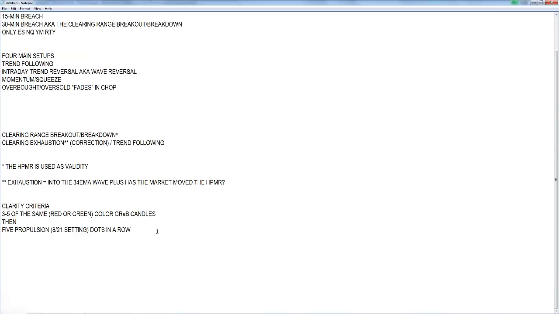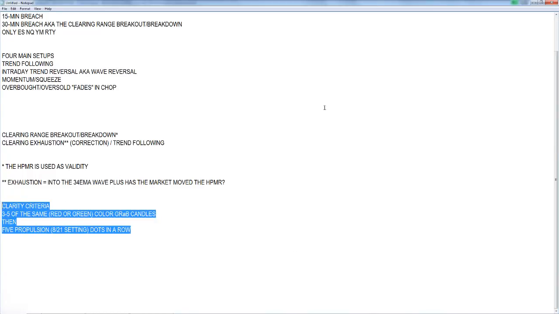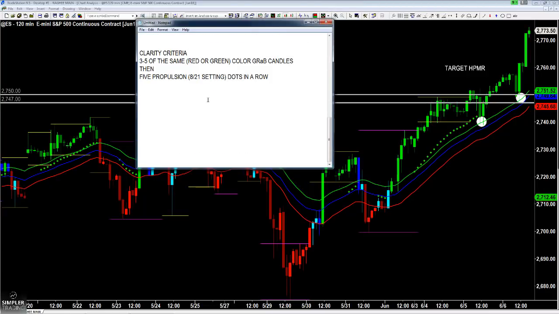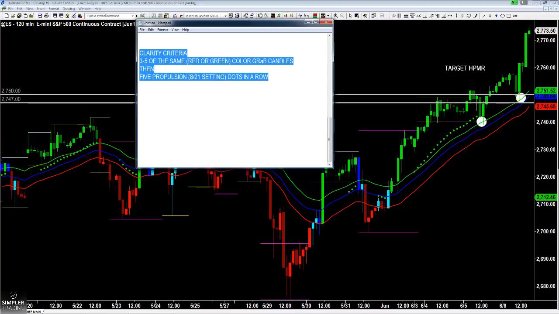The 3 to 5 of the same color candles, red or green, and then 5 propulsion dots with an 8/21 setting. So some of you may not know what that means. These are free indicators that we use in Simpler Futures and Forex. And the propulsion dots utilize the 8 exponential moving average and the 21 exponential moving average.